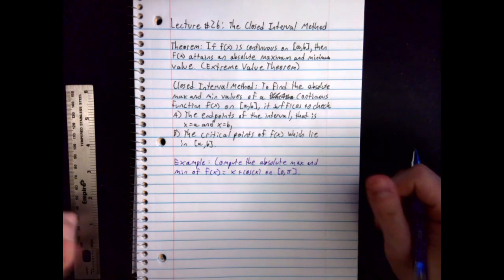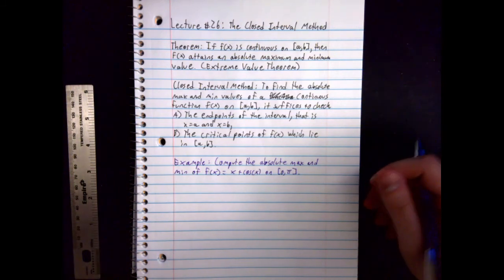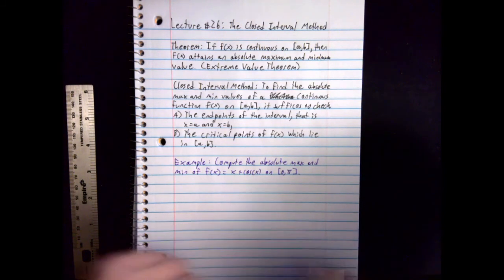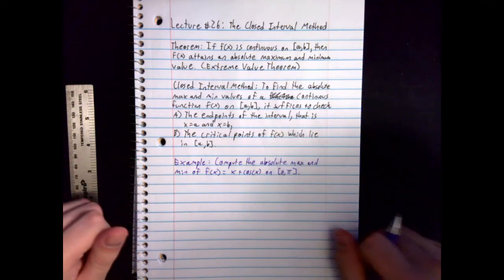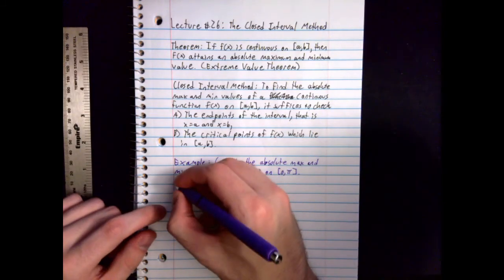Okay, so I want to compute the absolute maximum and minimum values that f of x attains on this interval using the closed interval method. So let's go ahead and just write that out.